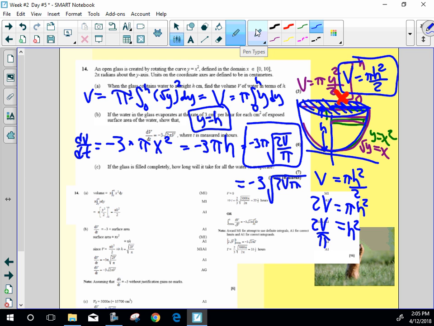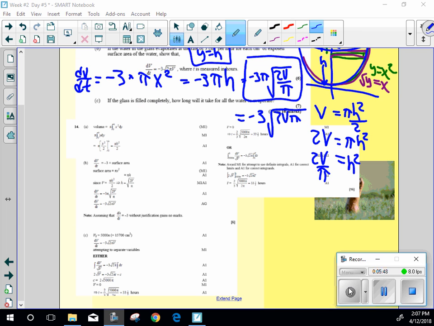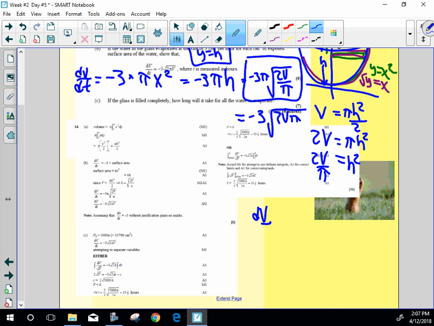Now, turn to your neighbor and tell them how you got all the way to that point. Go. I'm just going to start this. Remember, my answer is dv dt equal negative 3 square root of 2 pi times v.